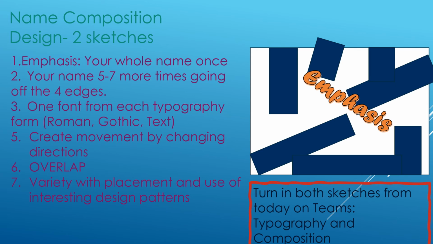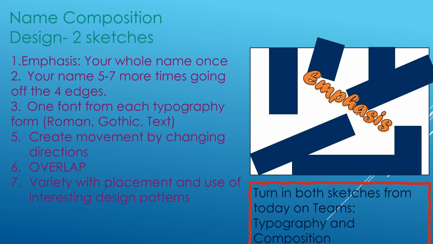You must use each form of typography: Roman, Gothic, and text. After you have each form of typography, then it is your choice which fonts you use. But remember, you're still trying to create interest. Consider creating movement by changing directions and using diagonals.